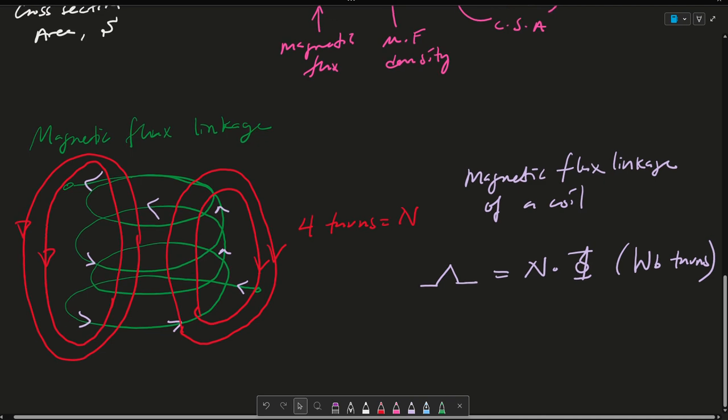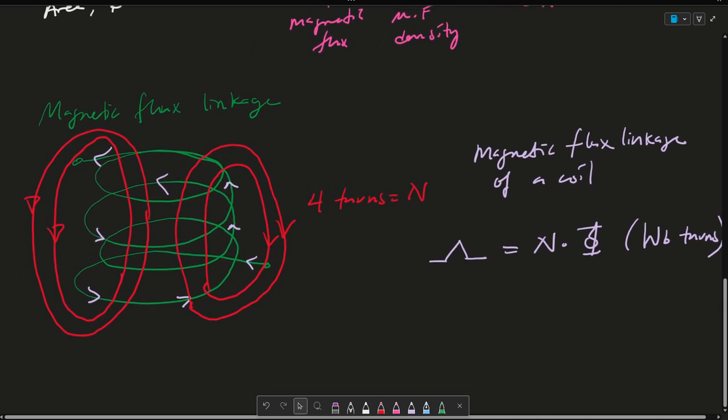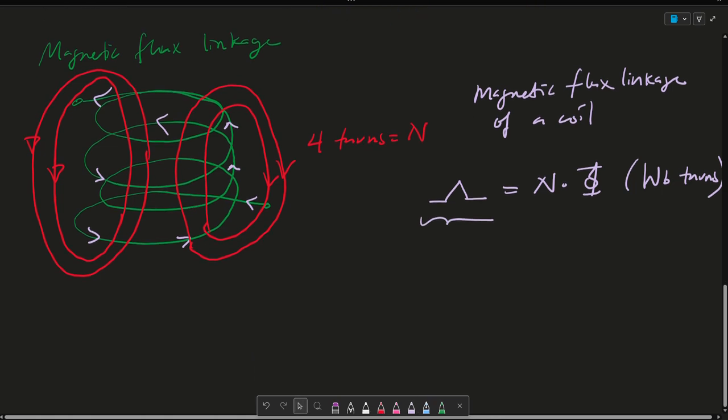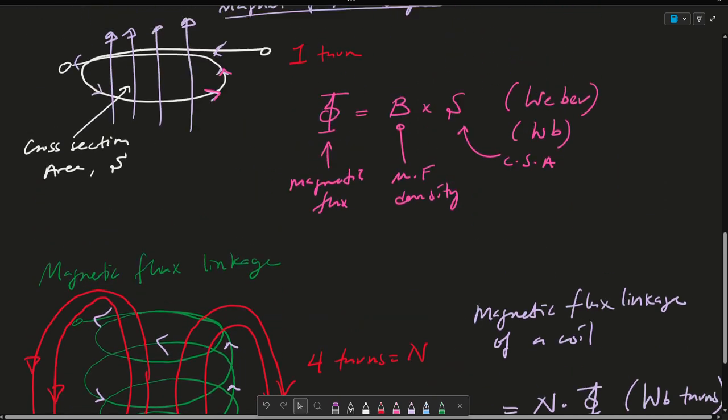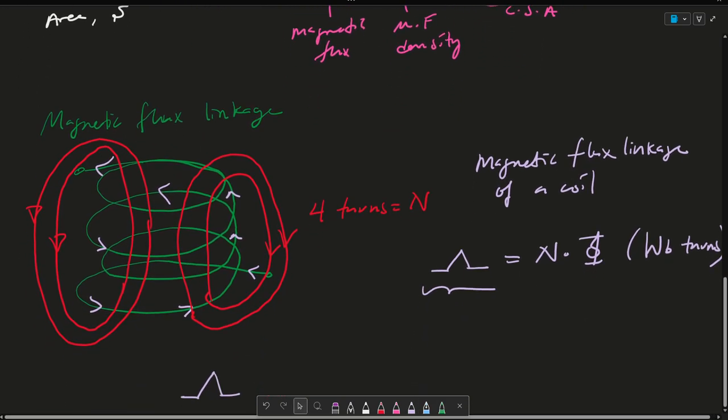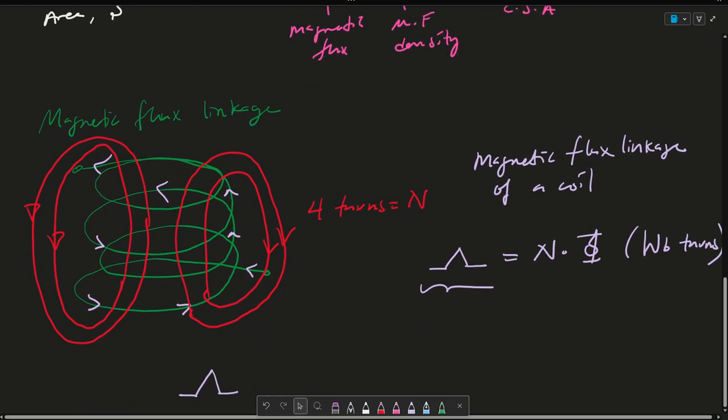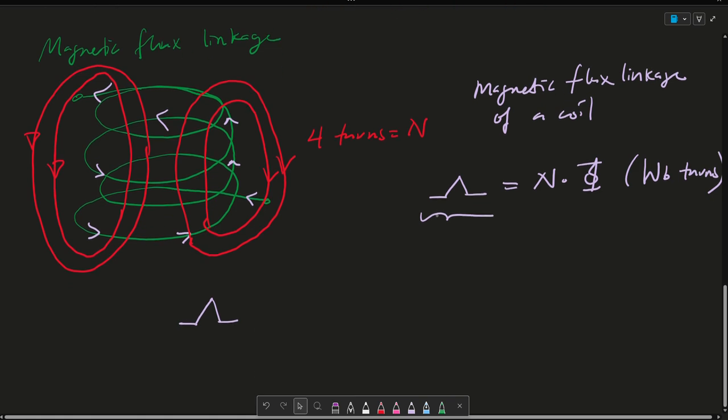So now let's go ahead and break lambda down. Okay, let's expand on lambda. Remember, the magnetic flux linkage is simply the magnetic flux. So if you understand the intuitiveness behind magnetic flux, when you multiply it by the number of turns, you get the magnetic flux linkage. That's all it is.